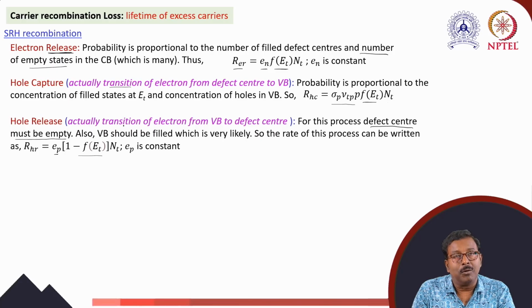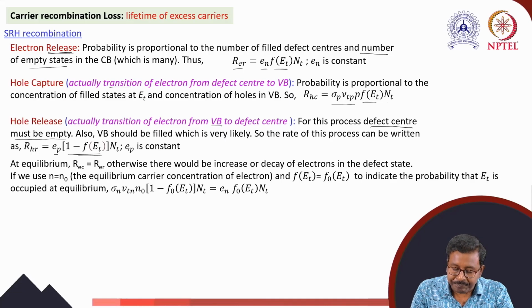That is, the hole is released from the trap state to the valence band, which means the electron is moving from the valence band to the trap state, so the trap state must be empty. Trap state empty means 1 minus F of Et into NT is the occupation probability. So RHR is proportional to, equal to EP into this.